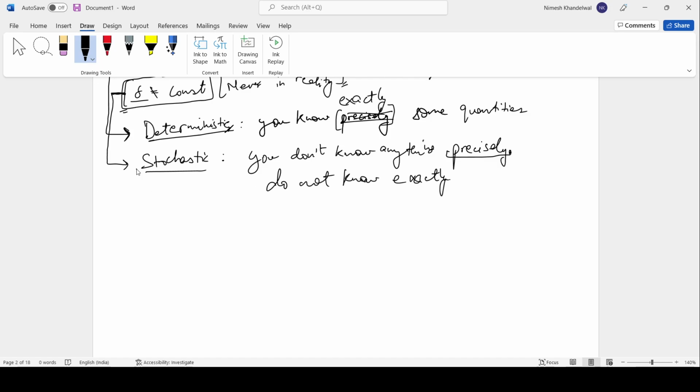So this is where we bring in probabilities. Because since we do not know anything exactly, but still we want to be sure of something, that is where we use probabilities, right?